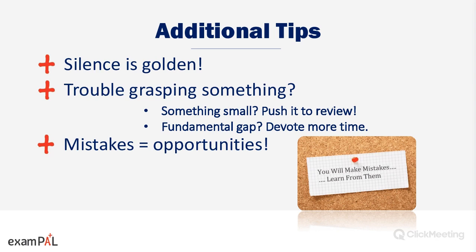Another point, and this is probably one that I've already gone over a lot today, remember that mistakes are opportunities to learn. Take time to really go over your mistakes at all stages of studying, both in the first 20 days and in the last 10 days when you're going over your tests. That's how we improve, right? There was this earlier question of how do you know that you're not staying stagnant?